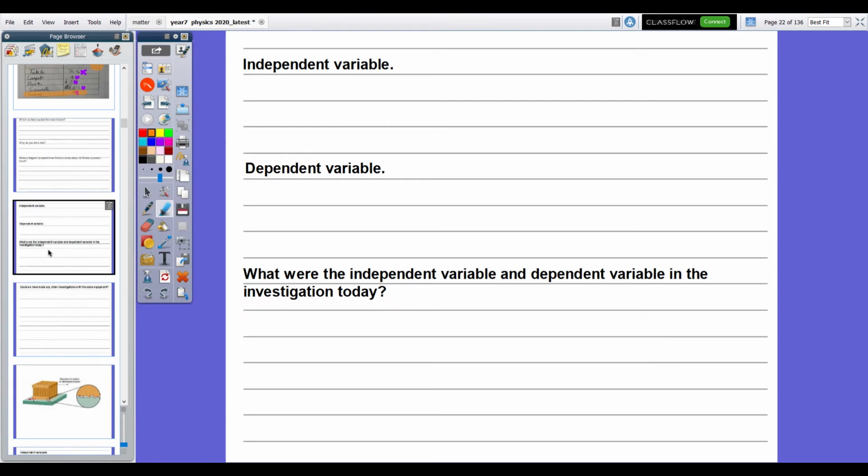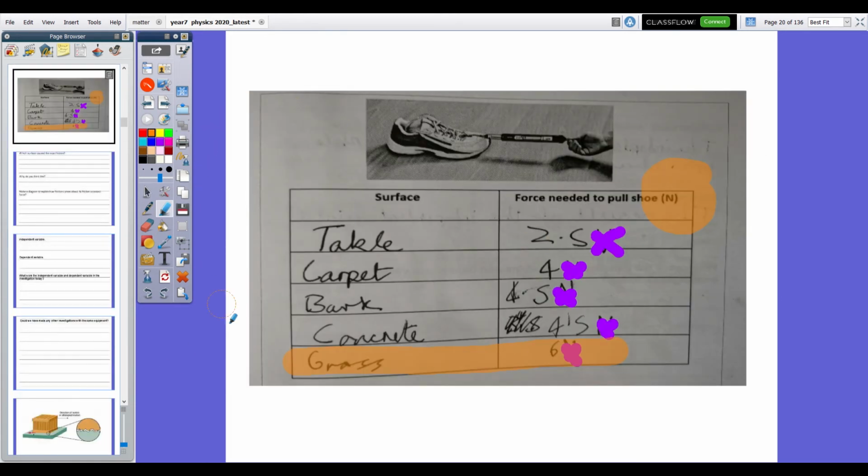Very good. So in the investigation that our friend did up below, what were the independent and dependent variables? Well, let's look at this. What was this student changing? He changed the surface.